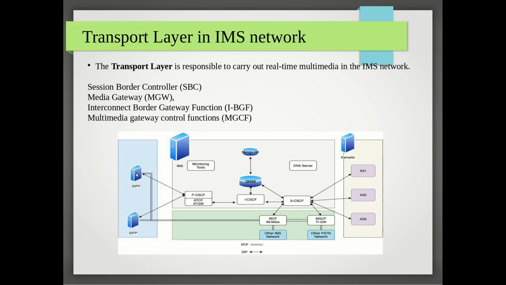In our study, we use SIPp tools. In the middle box, we have the control layer in IMS, the call session control function. The green box is responsible for the transport layer, and in the right box we have the application service in the IMS network.